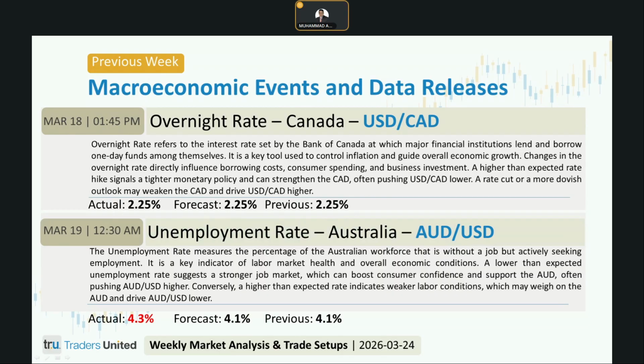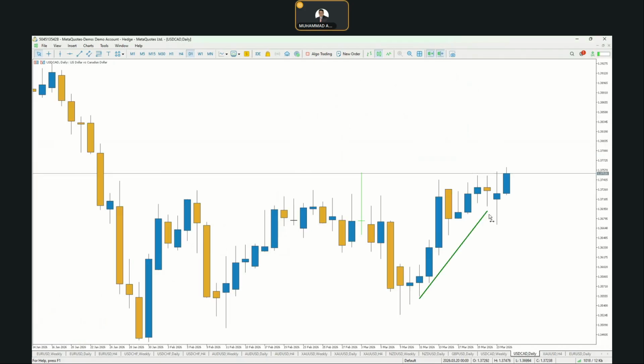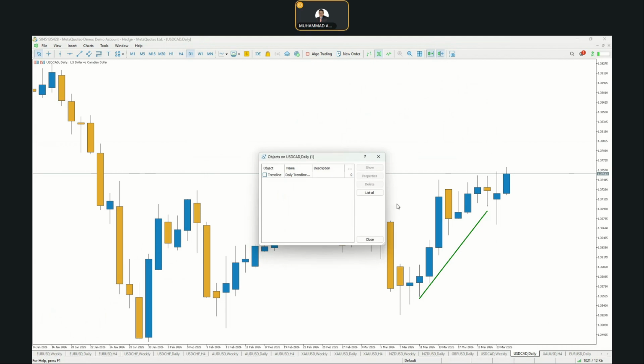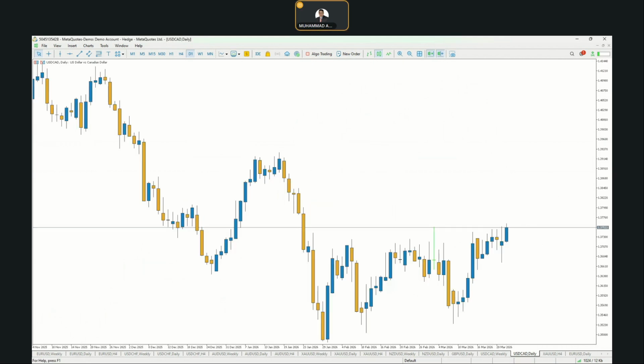Now, the key drivers behind the move. Well, let me first show you the chart of USD-CAD currency pair. This is the daily time frame of USD-CAD currency pair. Right now, market is kind of trying to rise up over here. Now, the key drivers behind the move is the interest rate unchanged at 2.25% in line with forecast.